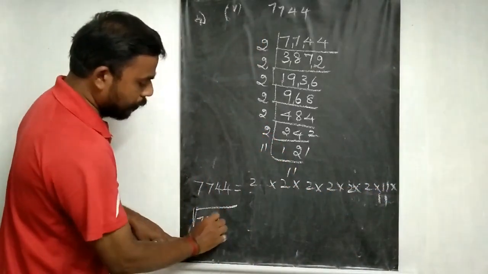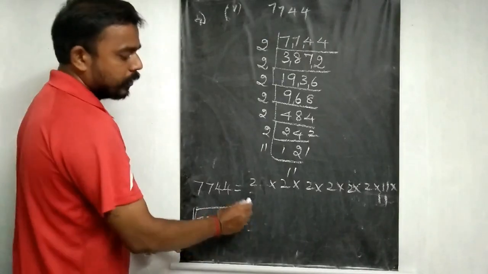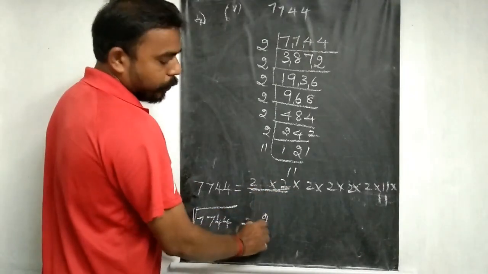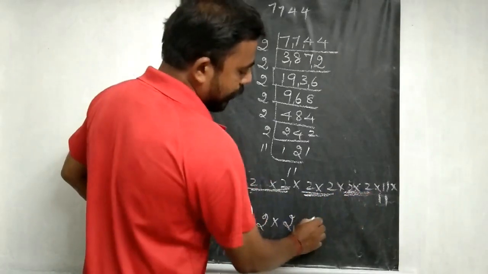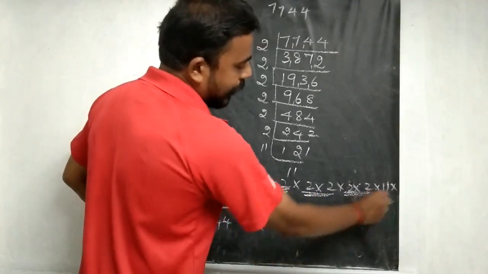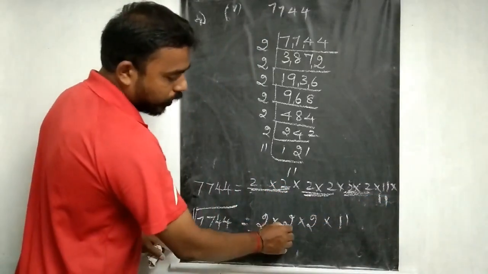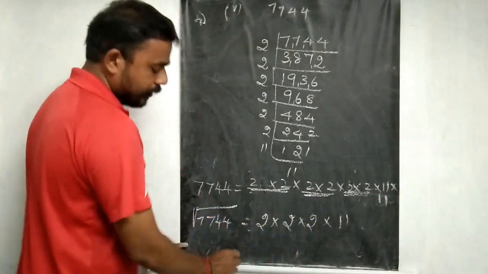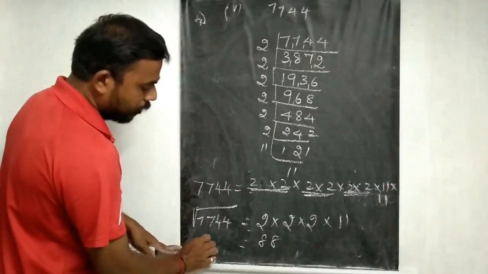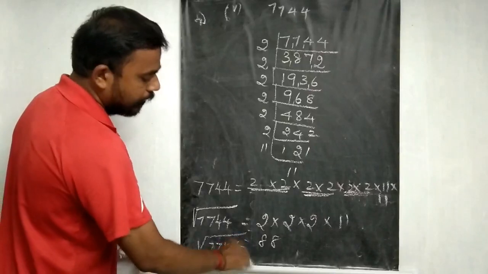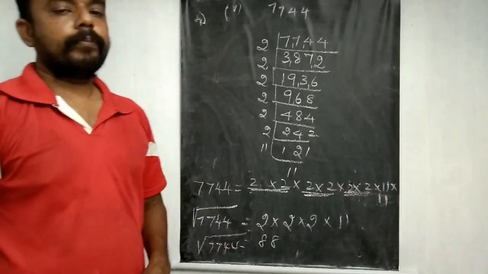So the square root of 7744 equals, for this pair write 2, for the next pair write another 2, for the next pair write another 2, for the next pair write 11. So 2 2s are 4, 4 2s are 8, 8 into 11 is 88. Now the square root of 7744 equals 88. This is the answer.